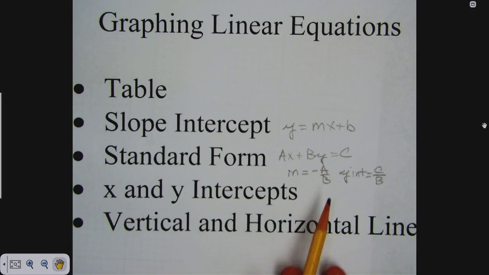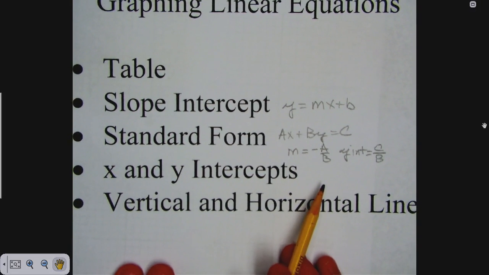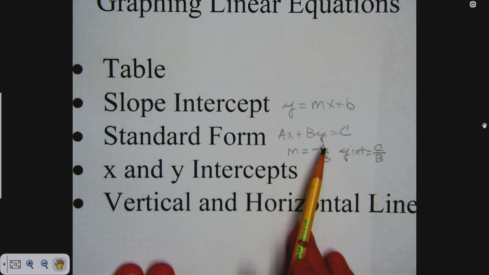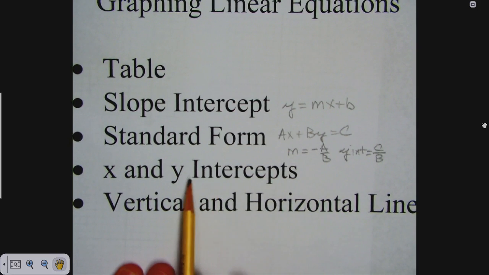And so we could use that same information to find the graph of the line. We could do it by x and y intercepts because where we set x to 0, we find the y-intercept. And when we set y to 0, we find the x-intercept. We just put those two intercepts down and draw a line through them.